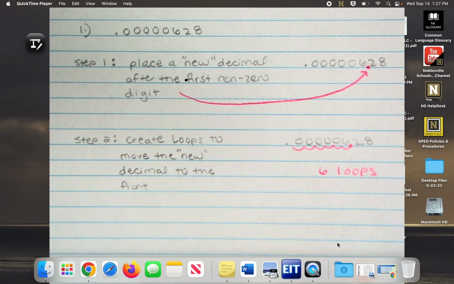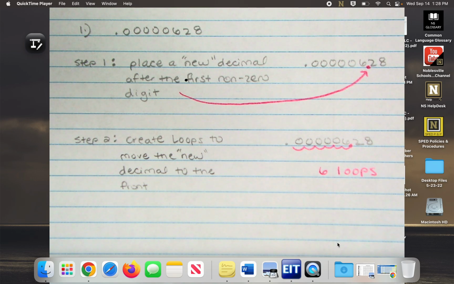Couldn't you just skip step 1 and just do the loops? This is just me writing out all the steps so you can see the process. And the next 2 examples we do, I will not be writing out the steps. We'll just do the process. But step 1, new decimal, wouldn't that be not really needed?